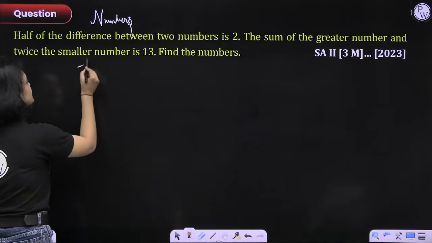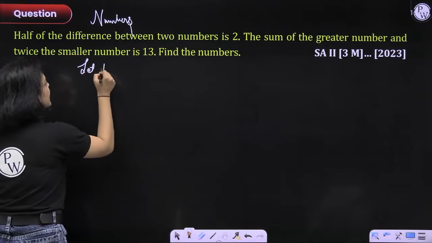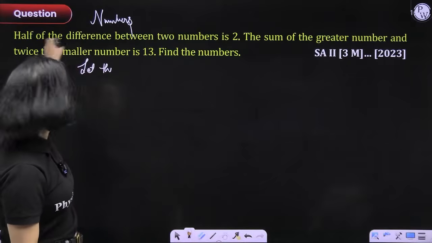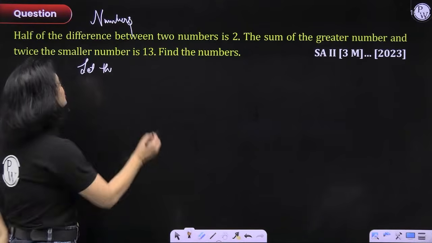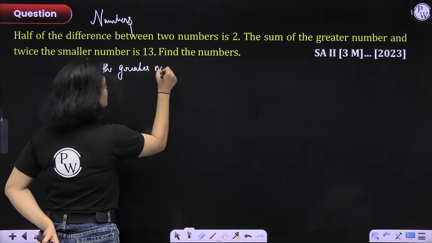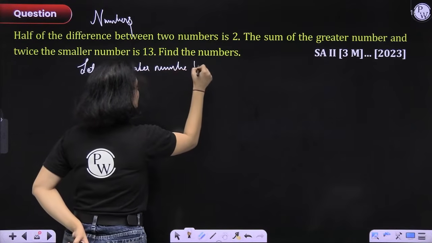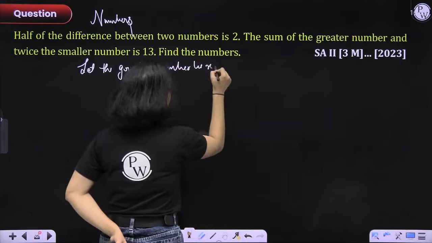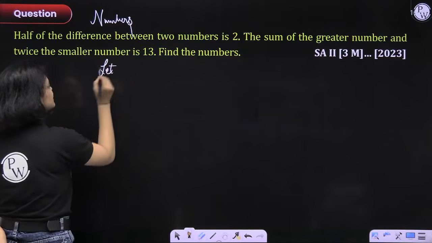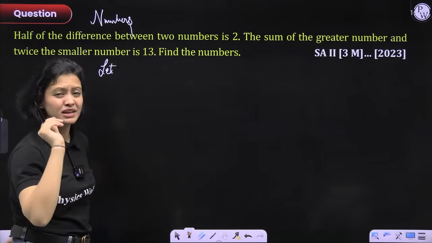So let the numbers be x and y respectively. But now we have to specify which one's bigger, which one's smaller, because they're talking about greater and smaller numbers, right? Let's be clever and make sure that we write as less as possible.